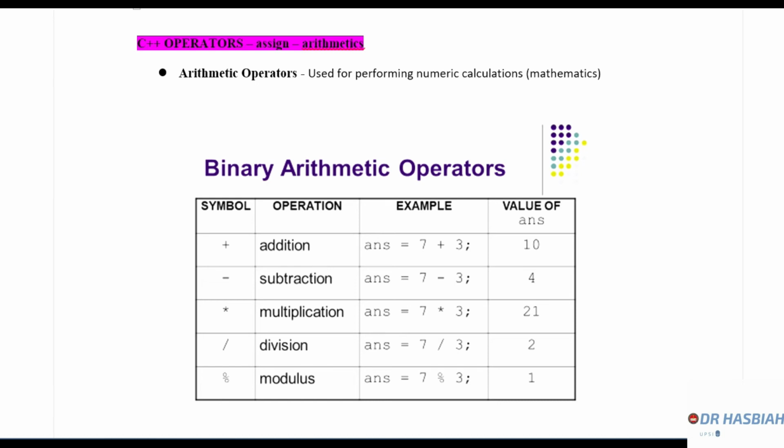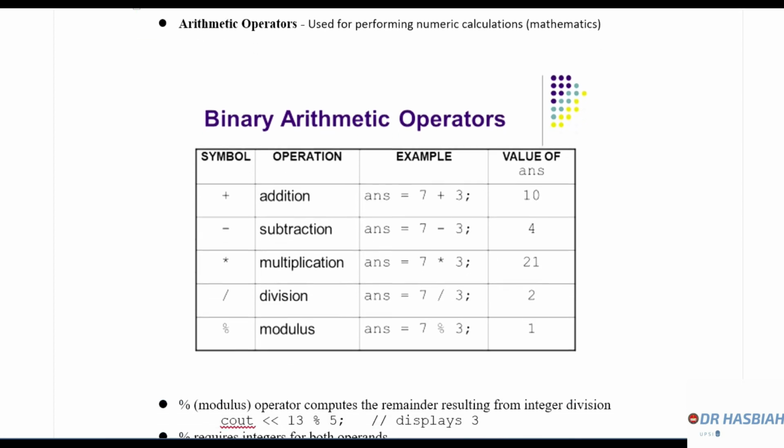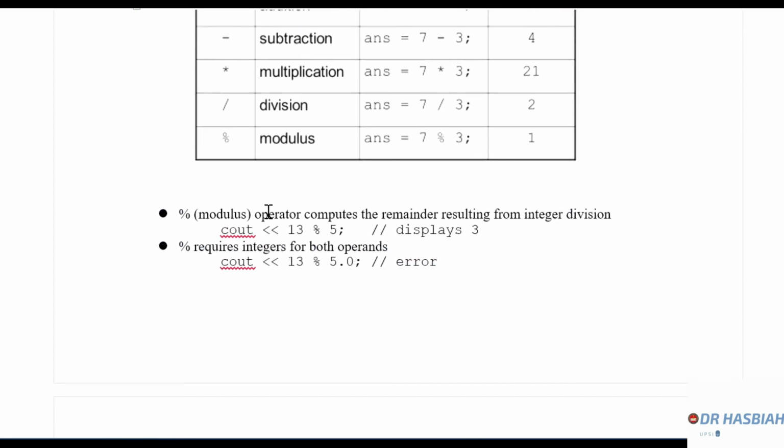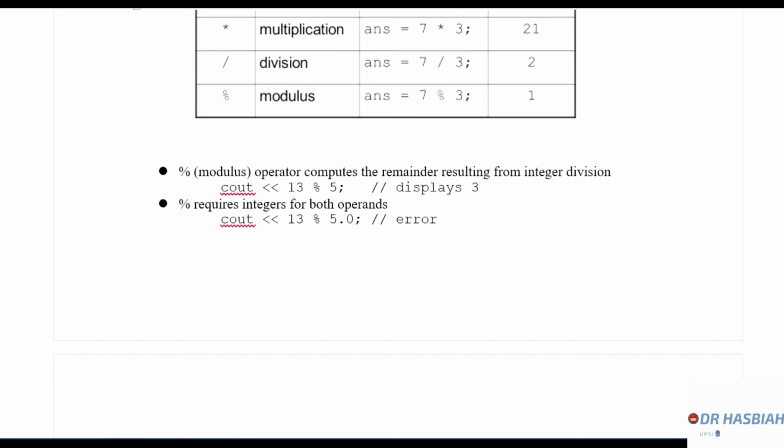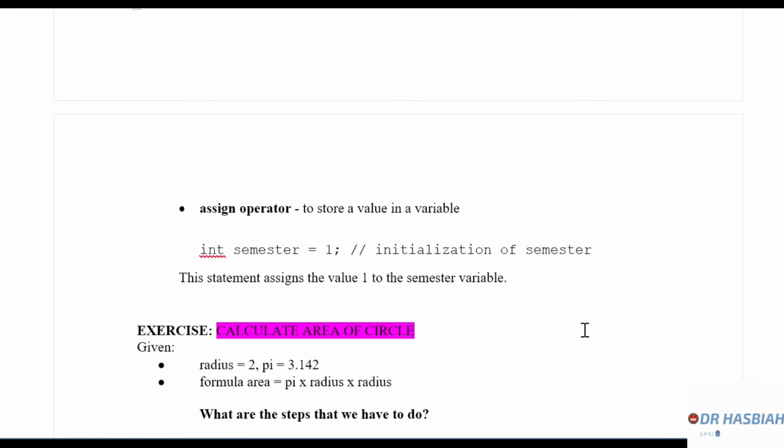Now we move to the other one. I have explained the modulus, so then we move to the assign operator. What is the meaning of the assign operator? If you want to store a value in a variable, let's say you want to store a value in semester.